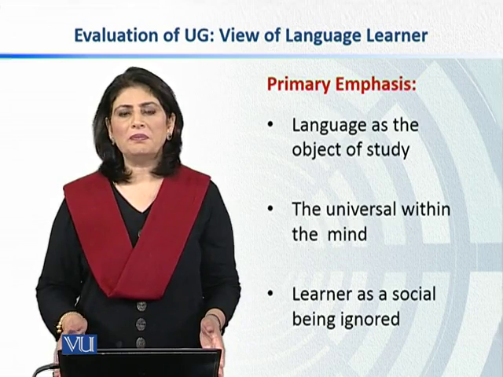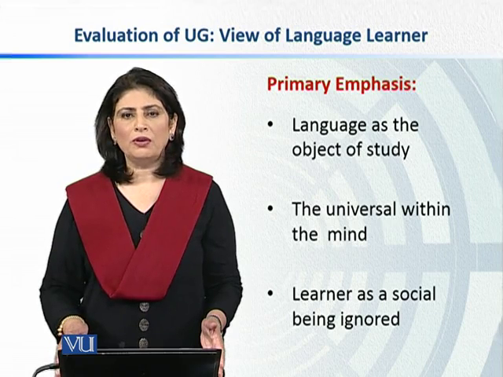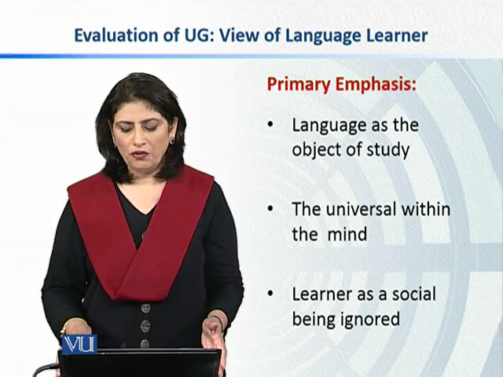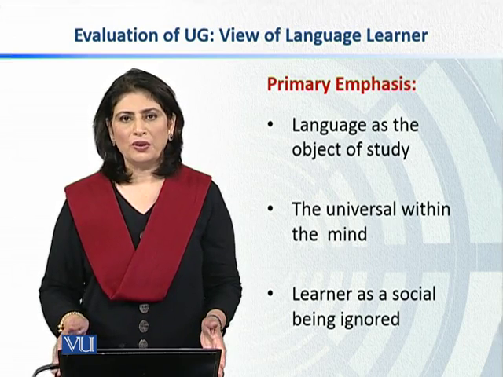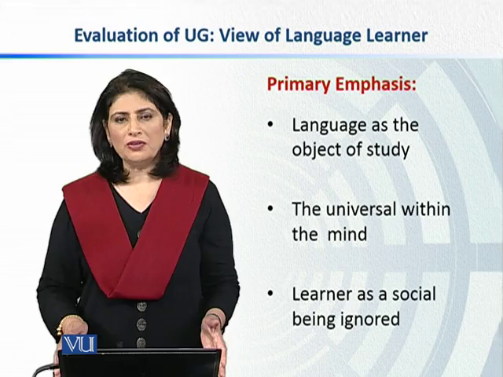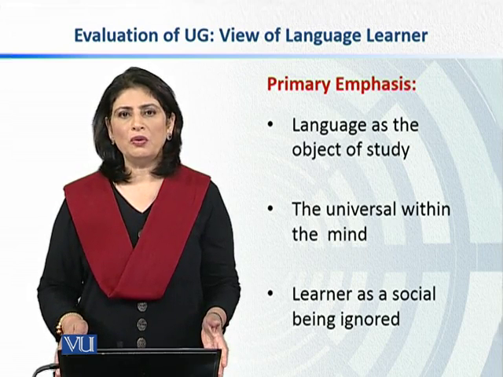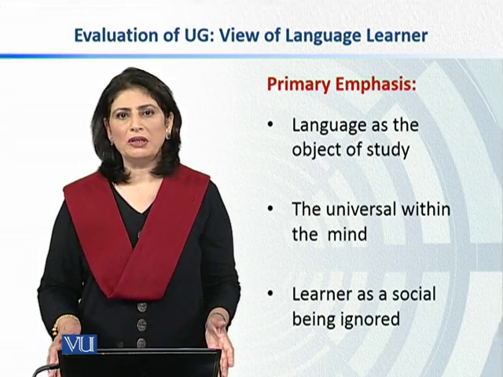This is because the primary concern of universal grammar is not with the learner or the learning process itself, but language as an object of study. So it is interested in the learner's mind and wants to establish what is universal in the minds of the learners.